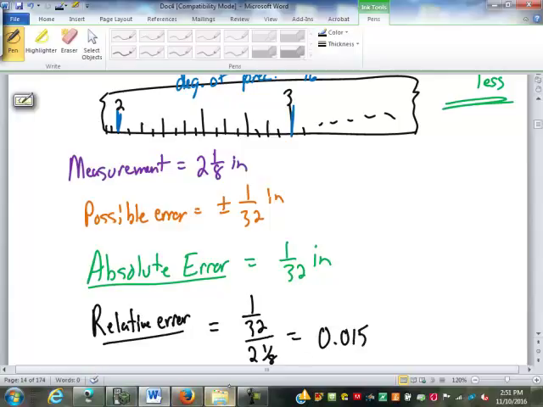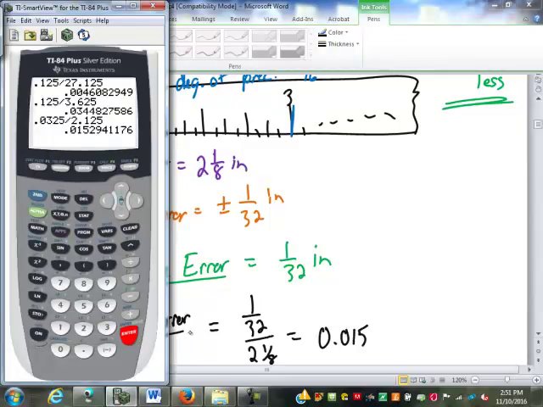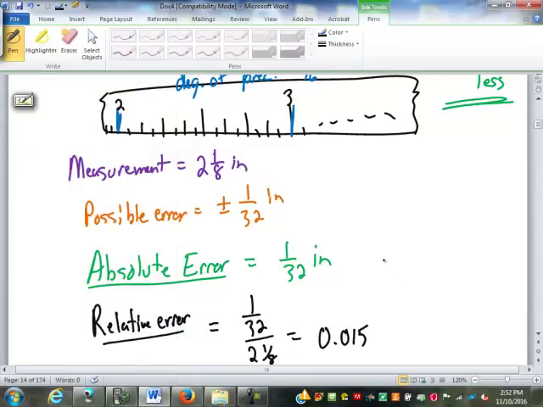What's that? 125, not 25. Thank you. So it's 0.03125, not 0.25, divided by 2.125. So 0.0147. We'll call that.